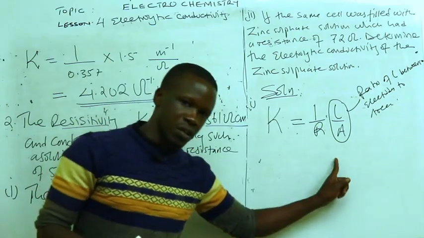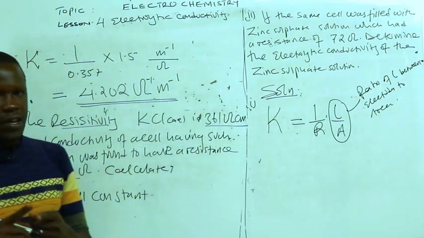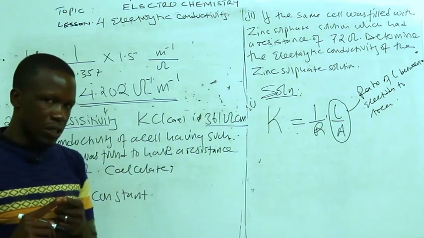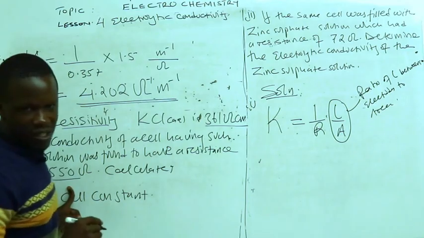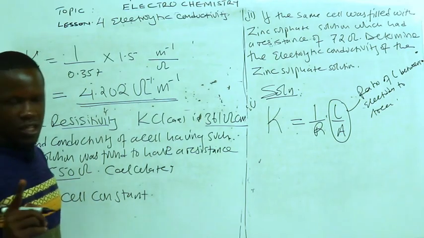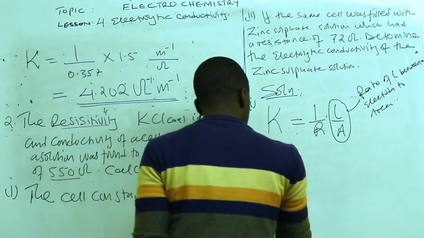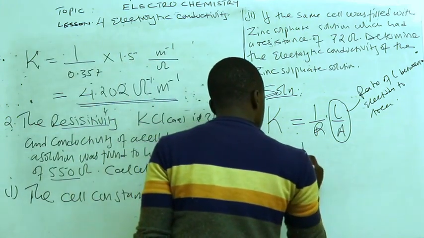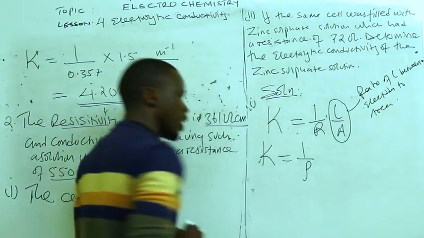Now if this is the cell constant, they have given us resistivity, not resistance. But they have also given us resistance. Now what is resistivity? We say K is the reciprocal of resistivity.